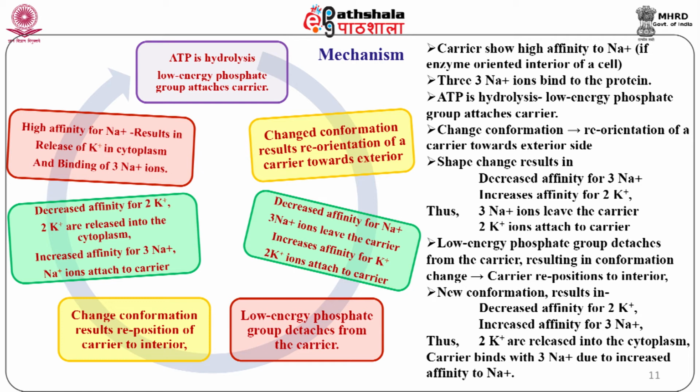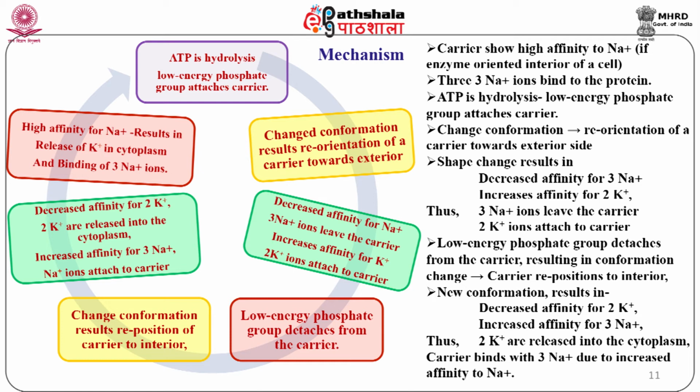The shape change results in a decreased affinity of the protein for 3 Na+ and an increased affinity for 2 K+. Thus, 3 Na+ ions leave the carrier and at the same time 2 K+ ions attach to the carrier. Now, the low energy phosphate group detaches from the carrier, again resulting in a conformational change which repositions the carrier to the interior.